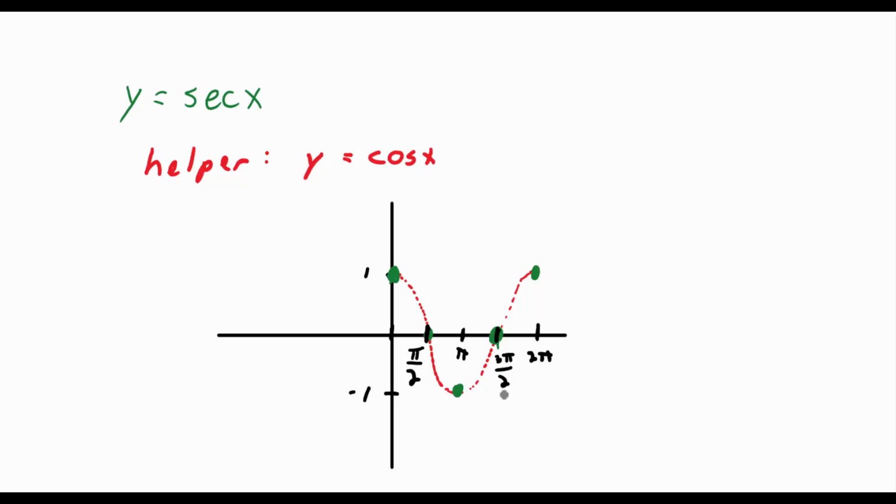Now draw asymptotes corresponding with the x-intercepts, because those are the values. Since the secant of x is equal to 1 over cosine of x, those x-intercepts correspond to where the secant's not defined, so they correspond to vertical asymptotes. So just draw vertical lines through x equals pi over 2.